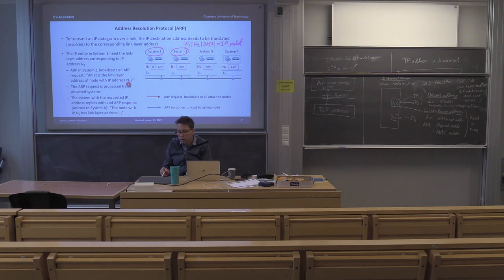The ARP request is processed by all the systems attached to the local area network, and the system with the requested IP address replies and says, hey, it's me. It sends a response to system 1 saying the node with IP N2 has link layer address L2.